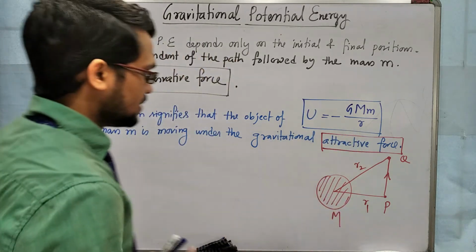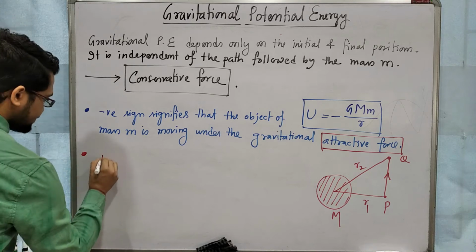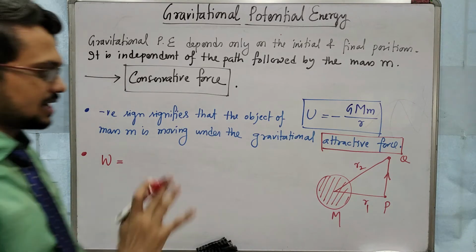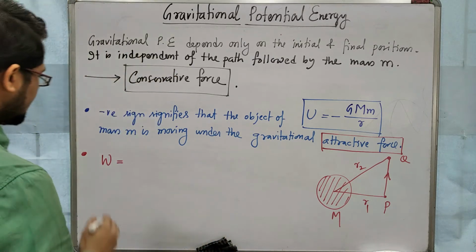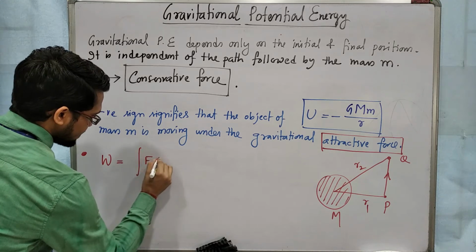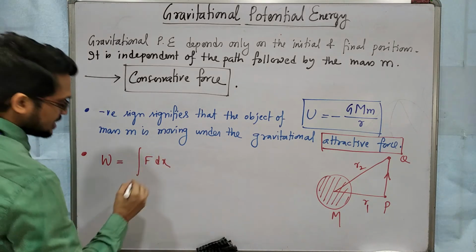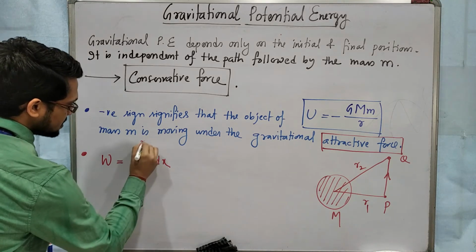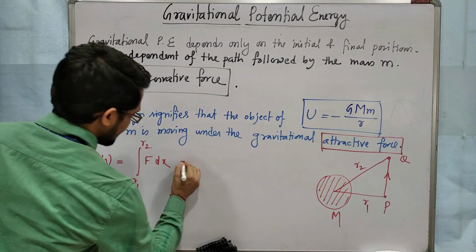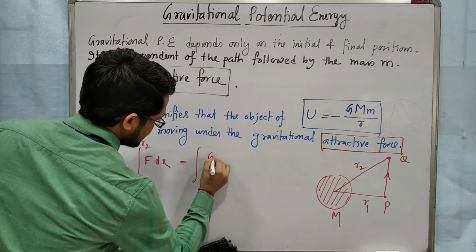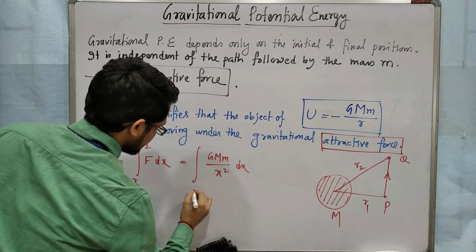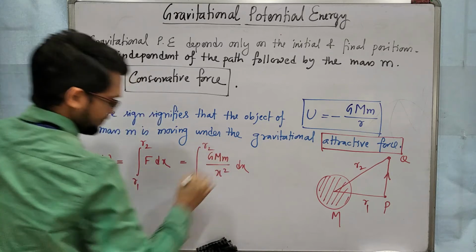So here work done will be W. We can derive it. I am writing the first formula, but I am not deriving it all. So here work done will be integration F dx, initial position r1, final position r2. In this way you can derive using that formula, GMm by x square dx, r1 to r2.